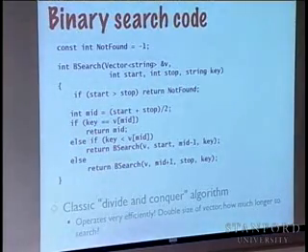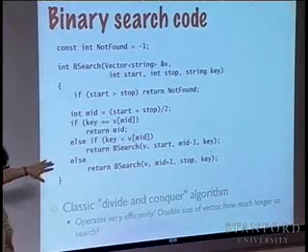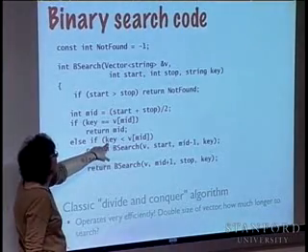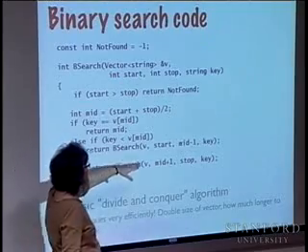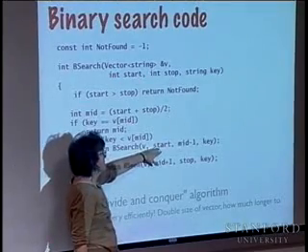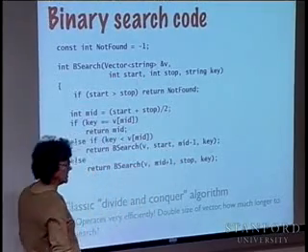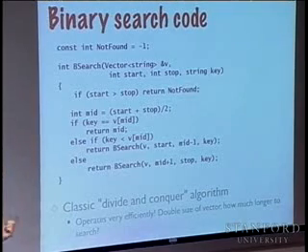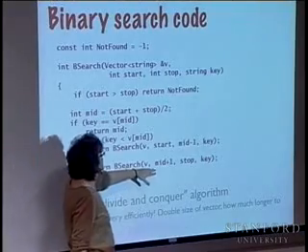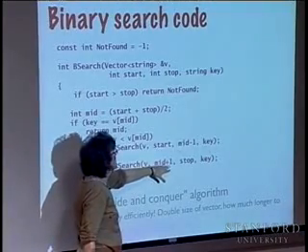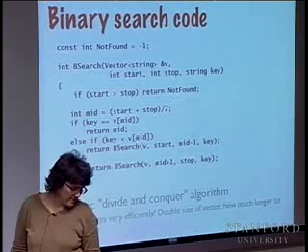Otherwise, we're going to make this recursive call that looks at either the left half or the right half. If key is less than the value we found at the midpoint, then the place we're searching still has the same start position, but is now capped by the element exactly to the left of the midpoint. And then the right one, the inversion of that, is one to the right of the midpoint and the stop unchanged.